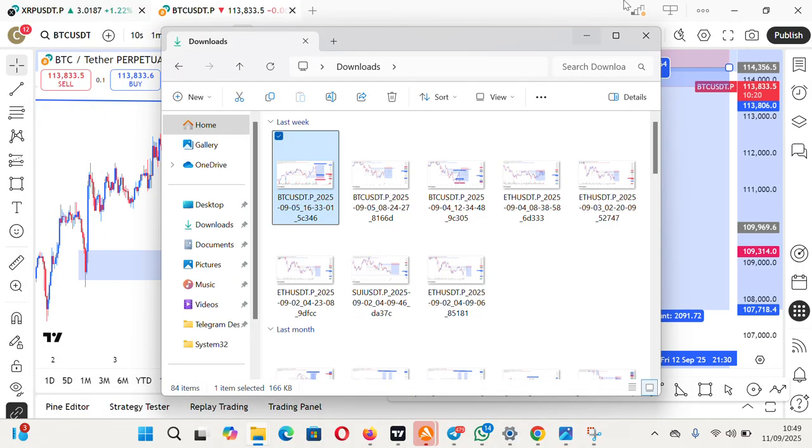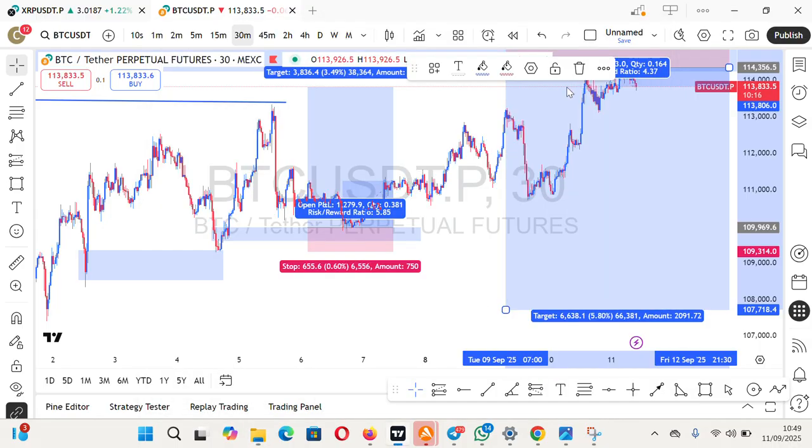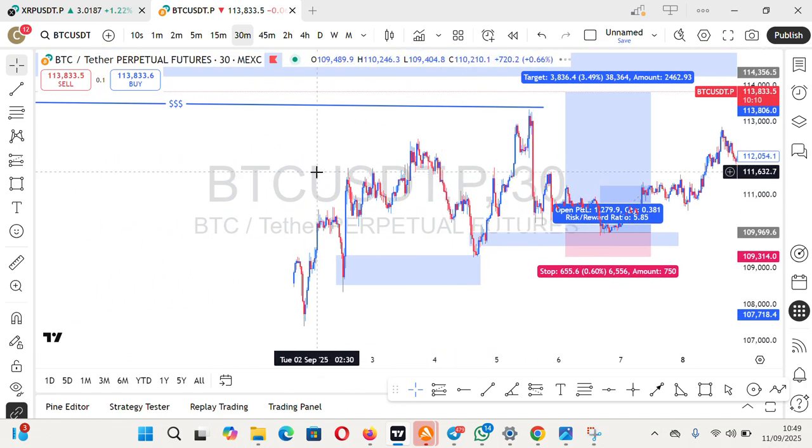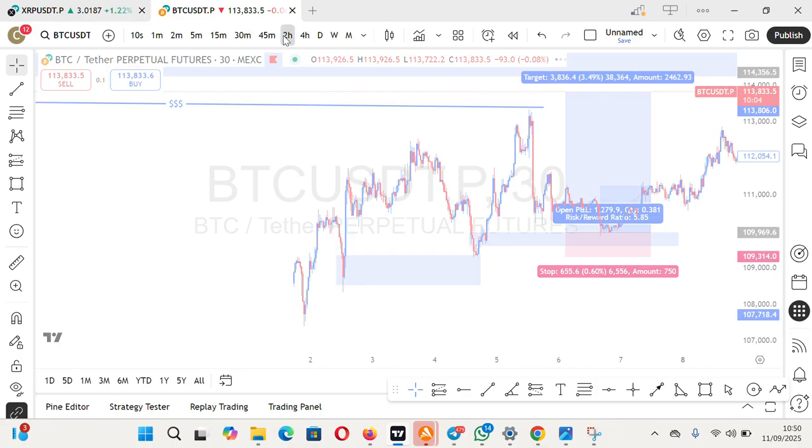Then let me now explain to you how I got the entry. So you can see from this zone, let's go to the high time frame first before I start explaining, so I can explain how I got the entry. You just bear with me because my network is slow now. I'm trying to put it on a 2 hour time frame so that you can see it clearly.